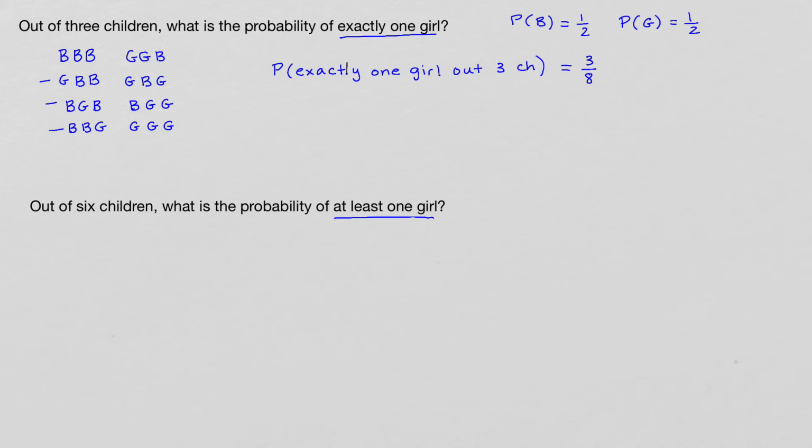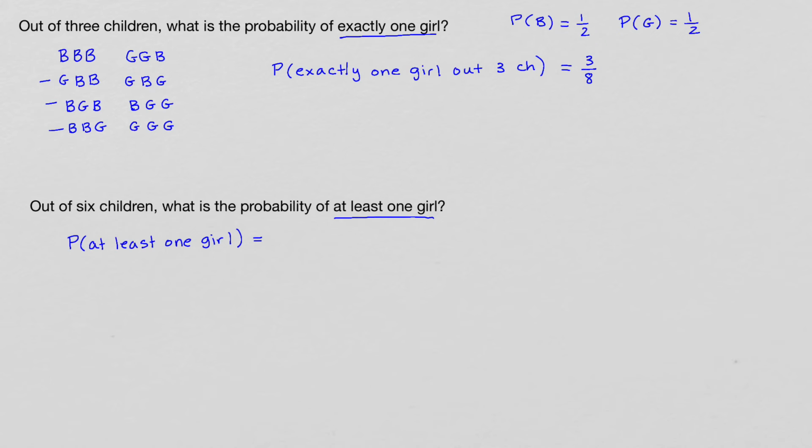So what we're going to do is, when we want to calculate the probability of at least one girl, I don't want to try to figure out how many different ways there could be for this directly, because you could have a girl and then 5 boys, you could have a boy, 2 girls, a boy and another, it's going to be a lot of different possibilities.